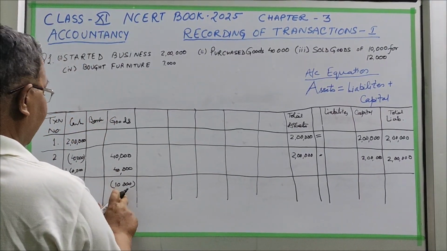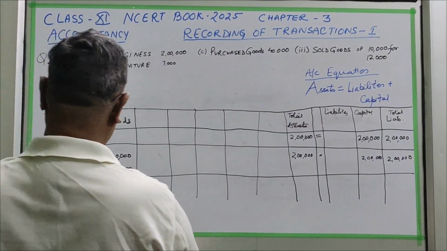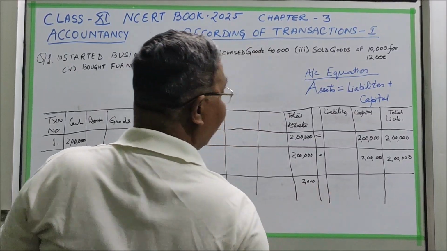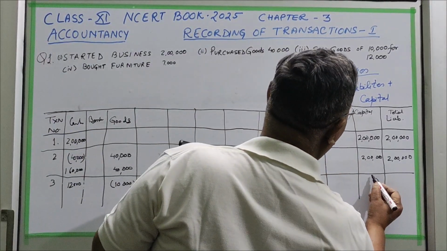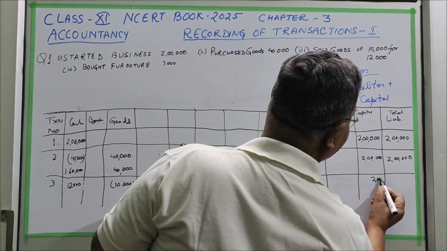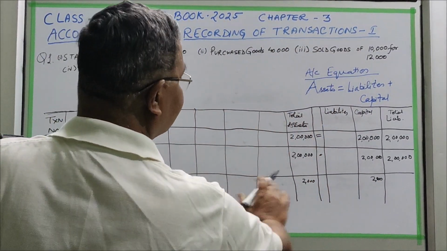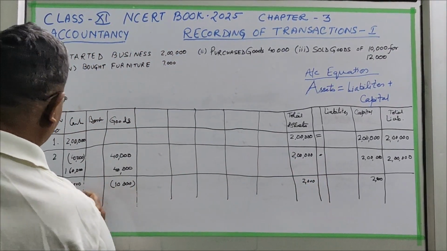So here, all together, what is happening? 2,000 is increasing. Only 2,000 is increasing. And this 2,000 rupees, you have got a profit. So capital will increase. Your 2,000 will increase. After this, for every entry we have to make a fresh final.